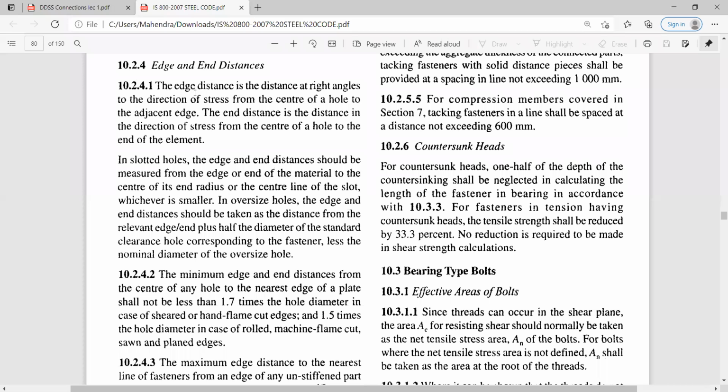For the edge distance, it is the distance at right angle to the direction of the stress from the center of the hole to the adjacent part.